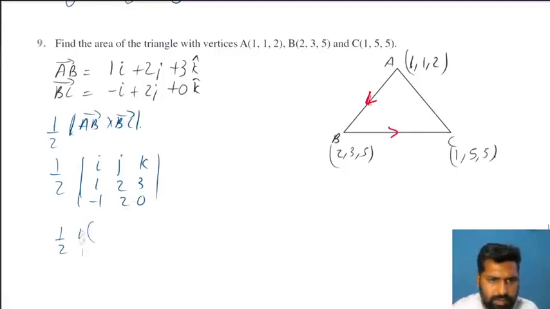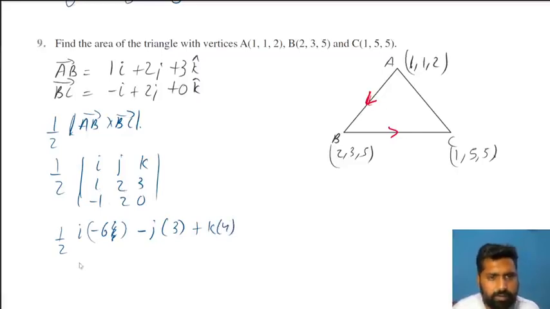It is coming 0 minus 6, so minus 6i. Then for minus j it will come 0 minus minus 3, again 3, plus k into 2 minus minus 2, so 4.